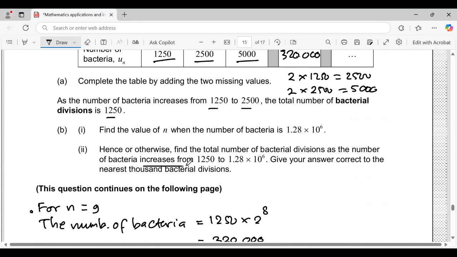So from 1,250 to 1.28 times 10 to the power 6, from this number to this number, how much do the bacterial divisions increase? It means this number minus this number.